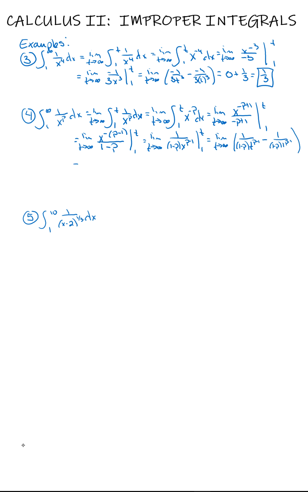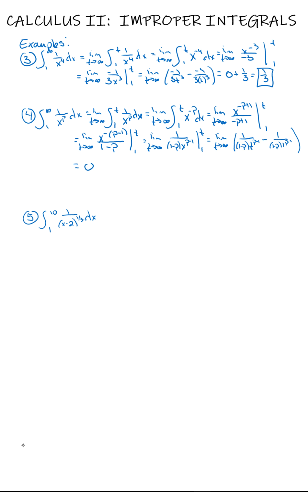Well, let's see what's going on here. Well, t is getting really large, and so that means the denominator is getting really large, which means this whole fraction is getting really small.